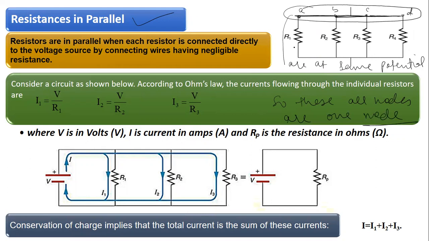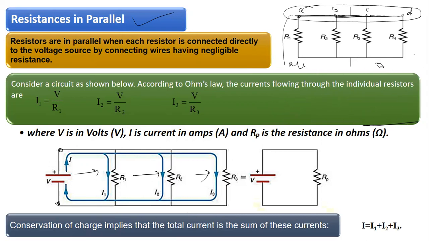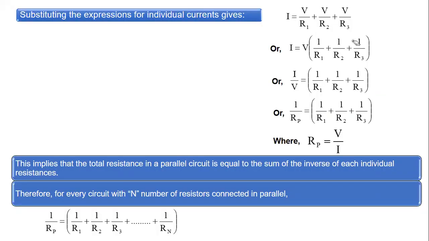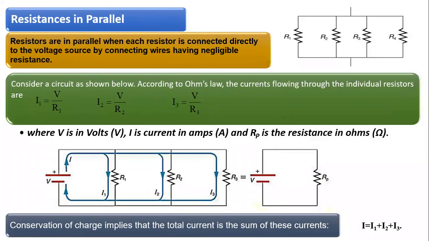Okay. So then you can say that the resistances are in parallel, or that the applied voltage is the same across each element. So all the elements are in parallel to one another, right? Now what will be the equivalent resistance in this case?